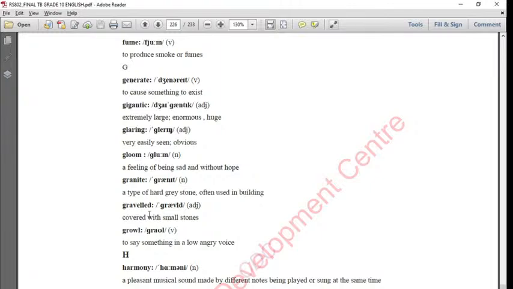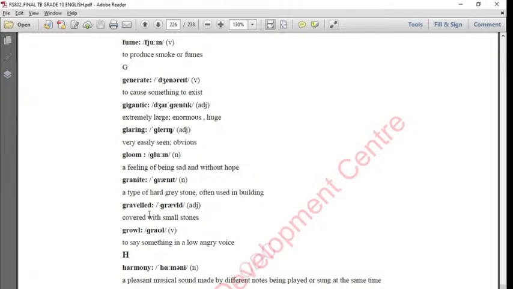Hilarious, imaginative, imitate, immense, incentive. Then we have increment, infections, ingrained, innovative, innumerable, insecticide. Inspiration, integrity, intercultural, interpreter, investigate. Invigorate means to make somebody feel healthy and full of energy.